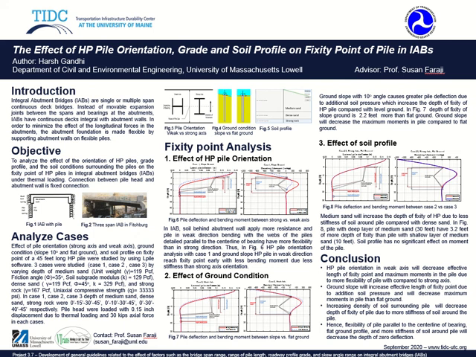In the analysis of fixity point affected by soil profile, we varied the density of the soil layer surrounding the pile. According to the hypothesis, a denser soil layer will have more stiffness than softer soil layers, meaning increasing the density of soil surrounding the pile will decrease the depth of fixity of the pile due to more stiffness of soil.